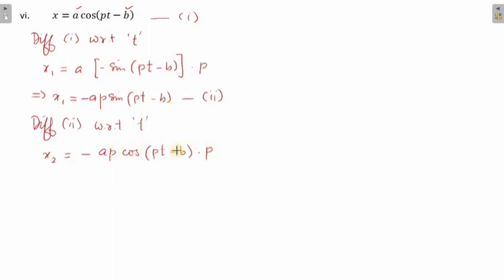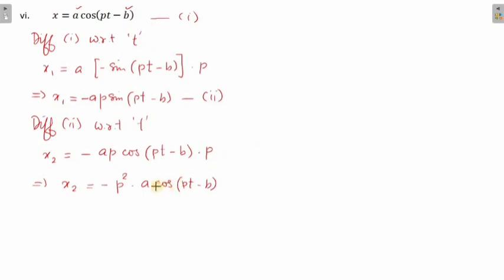So p into p becomes p square. So x2 equals minus p square, and we are left with a cos(pt minus b). Now look at this and look at equation number 1.